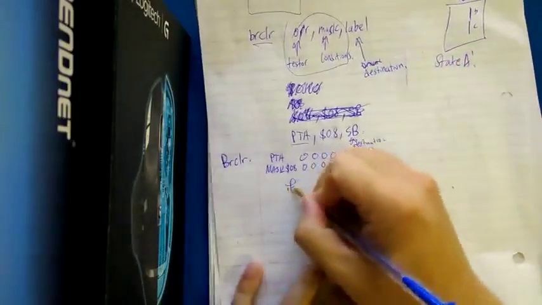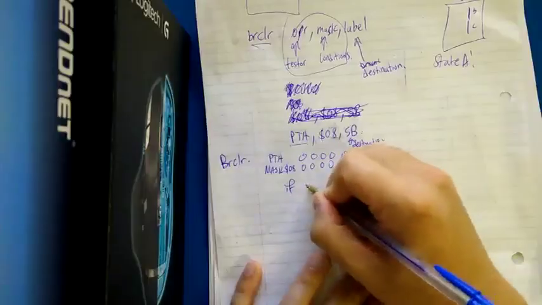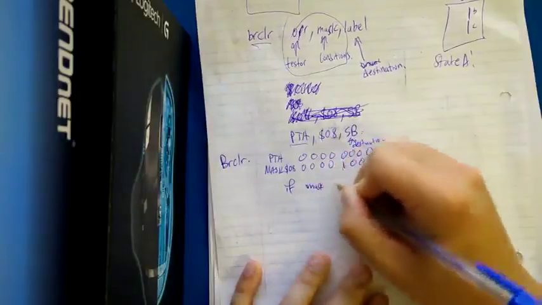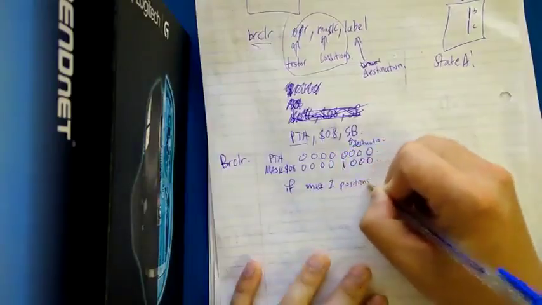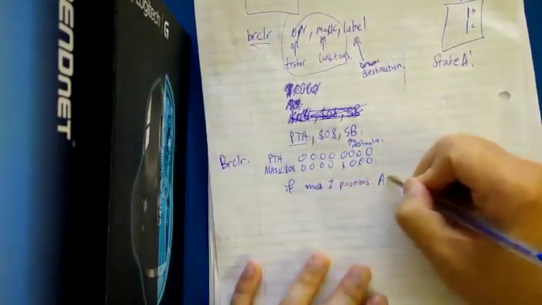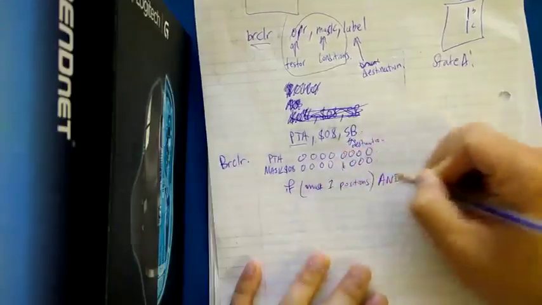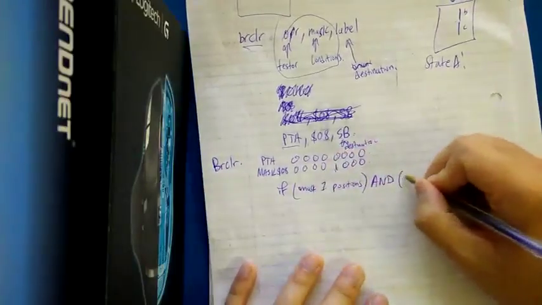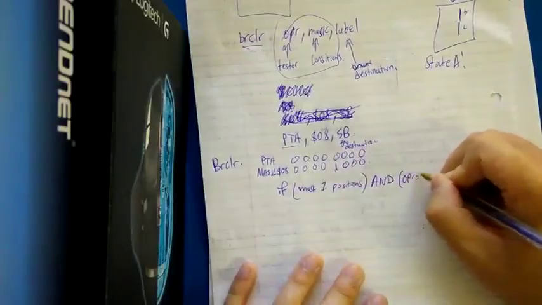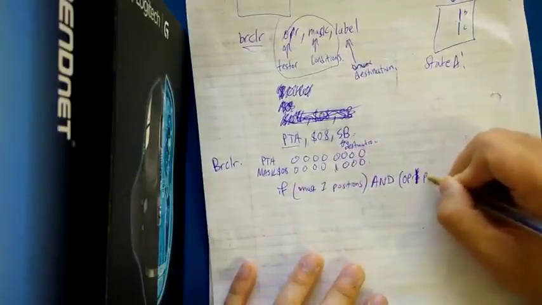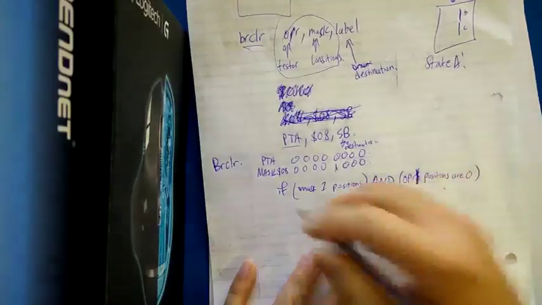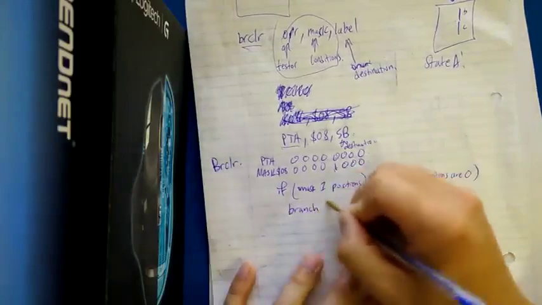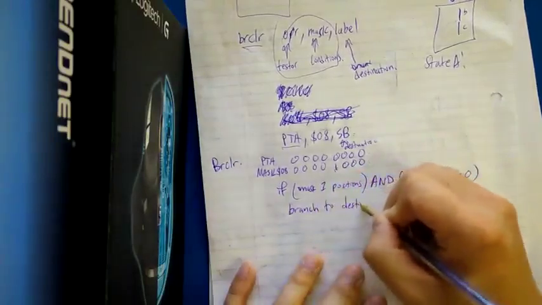So it's if the mask 1 positions and operand, let's just call it OPR, positions are 0, branch to destination.